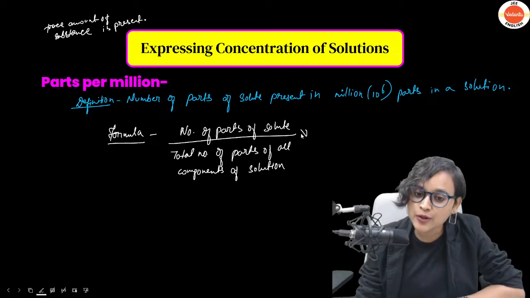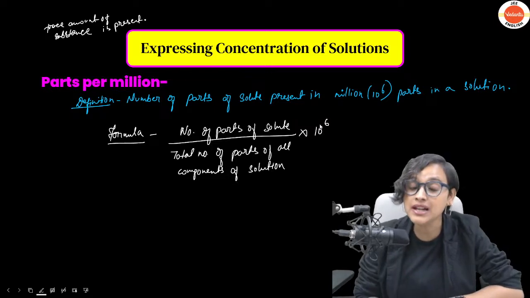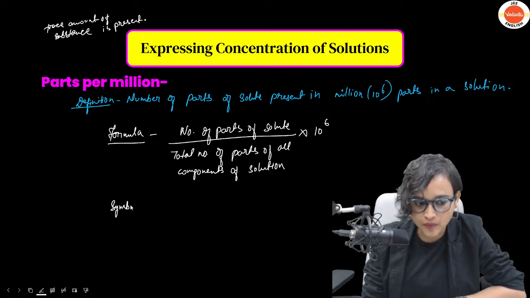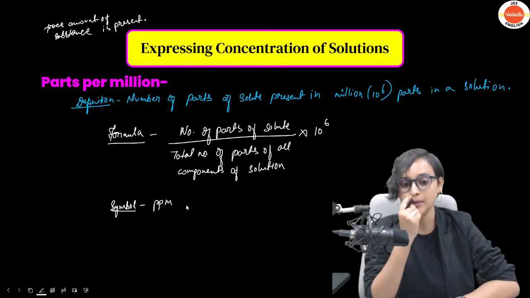Now this time, am I going to multiply it with 100? No. This time we will multiply it with 10 to the power 6 because million. What is the symbol that we use? The symbol that we use is ppm, parts per million.